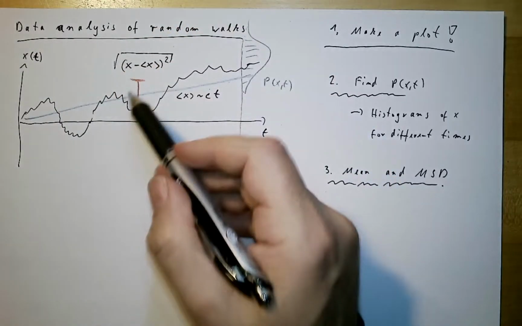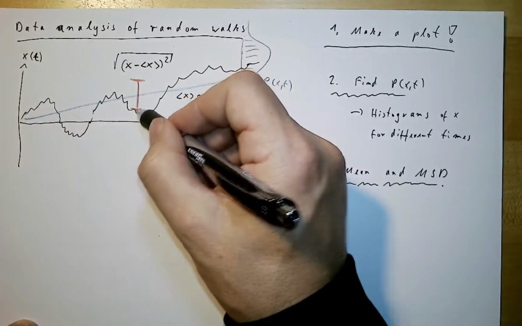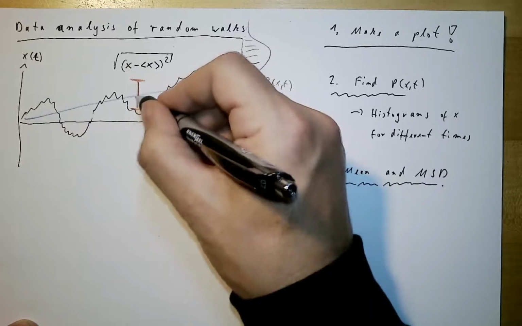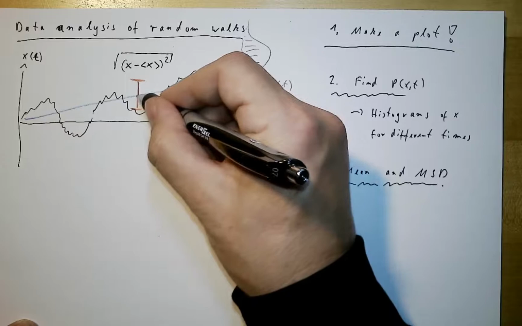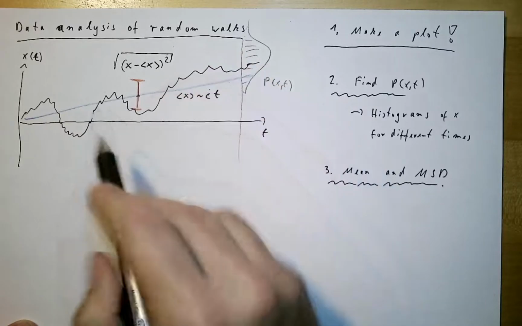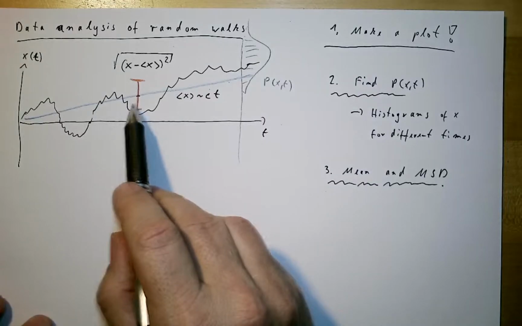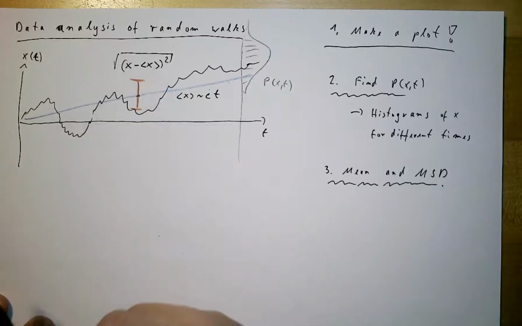So this gives us a typical distance of our, actually it's only, no, I did it in two directions. So actually it's only the distance from the blue line to our point of the trajectory. And this of course we can also do for all time points, and this is the mean squared deviation that we are interested in.